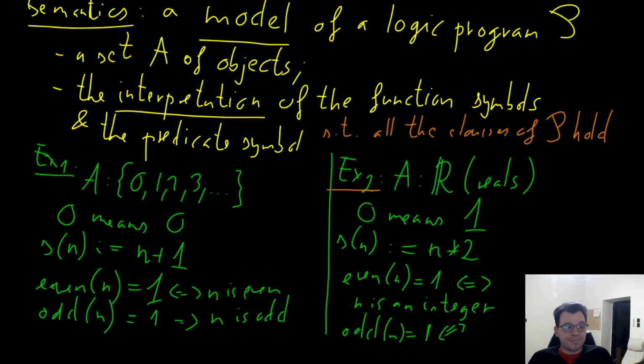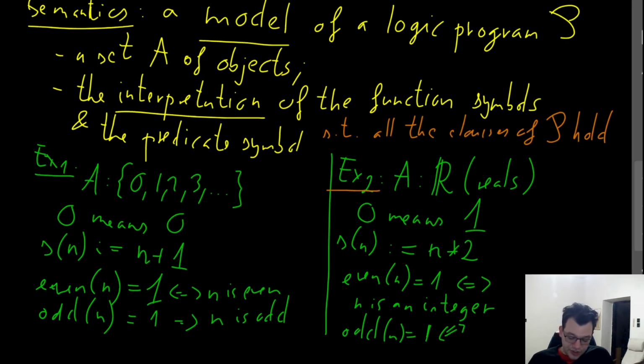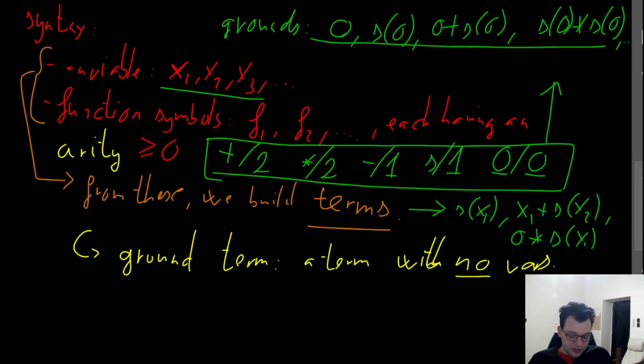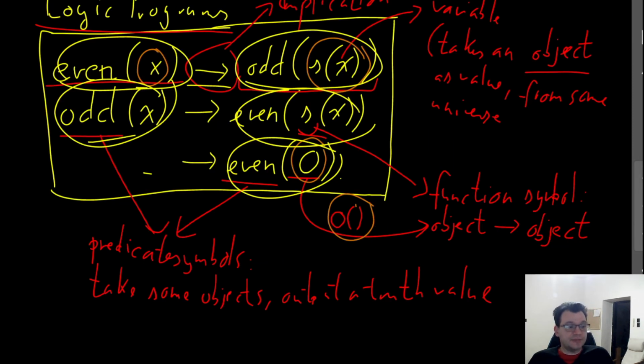And both of the predicates mean that the input argument is an integer. So let's describe what it means. It says that for every real number x, if x is an integer, then x times 2 is also an integer.